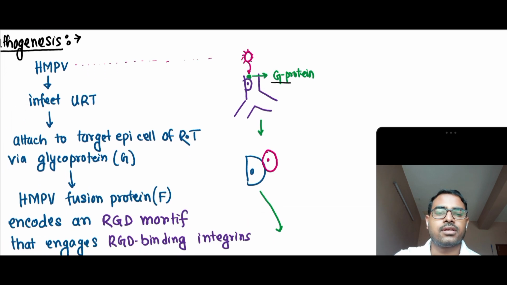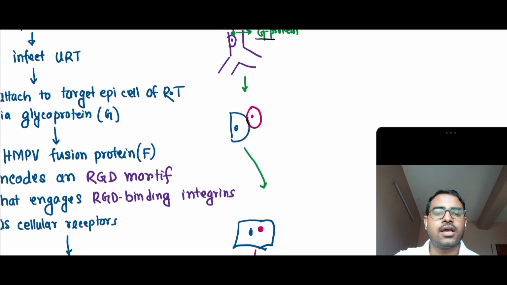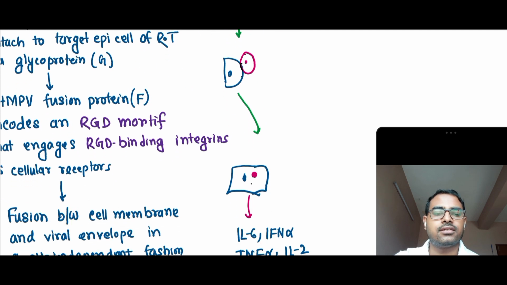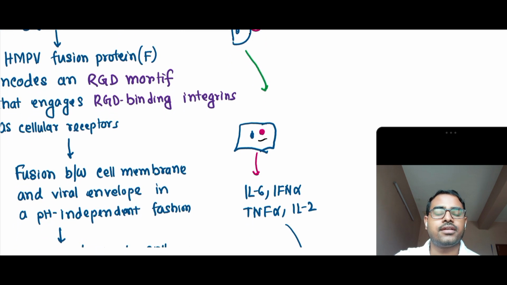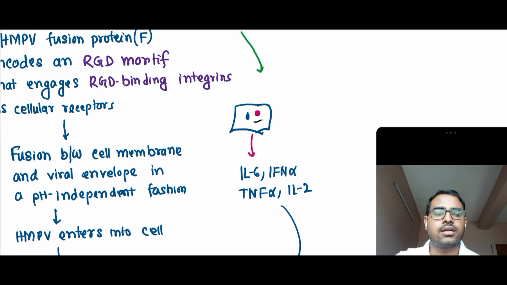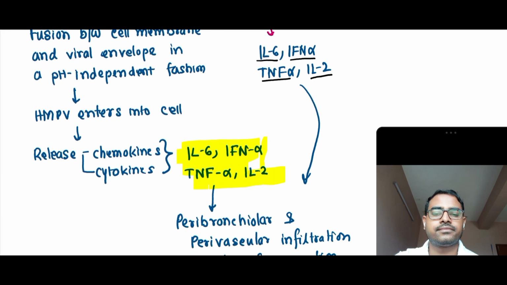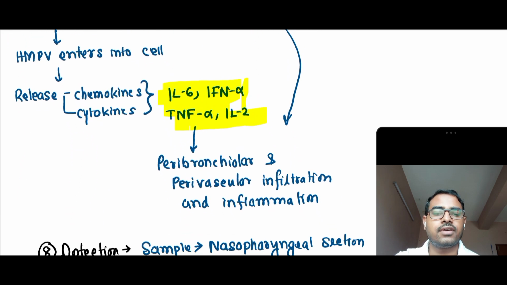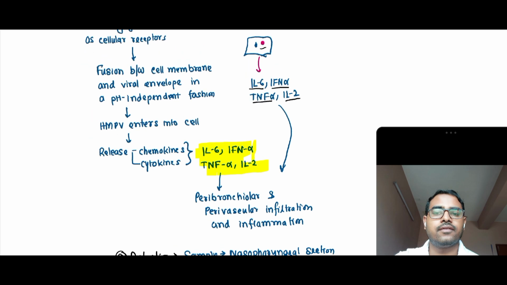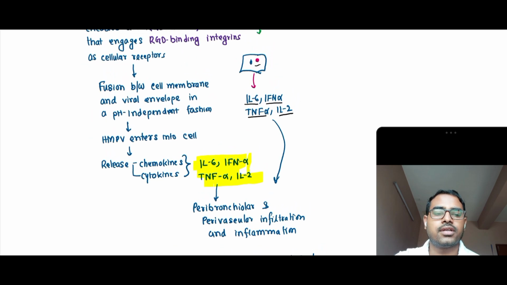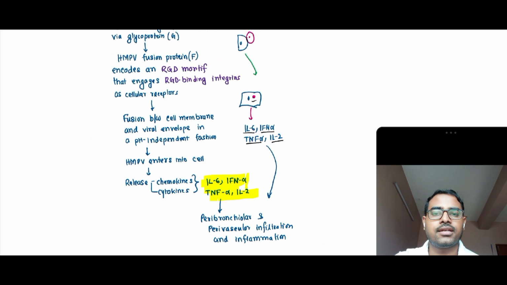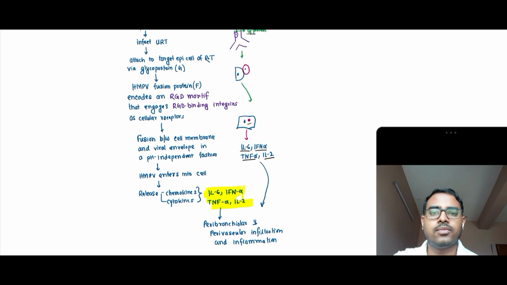Then the virus membrane and the epithelium of the respiratory tract fuse. The virus enters the cell and releases some inflammatory markers like interleukin 6, interferon alpha, TNF alpha, and interleukin 2. It can produce peribronchial and perivascular infiltration and inflammation, which produce different types of symptoms, and that is the pathogenesis of human metapneumovirus.